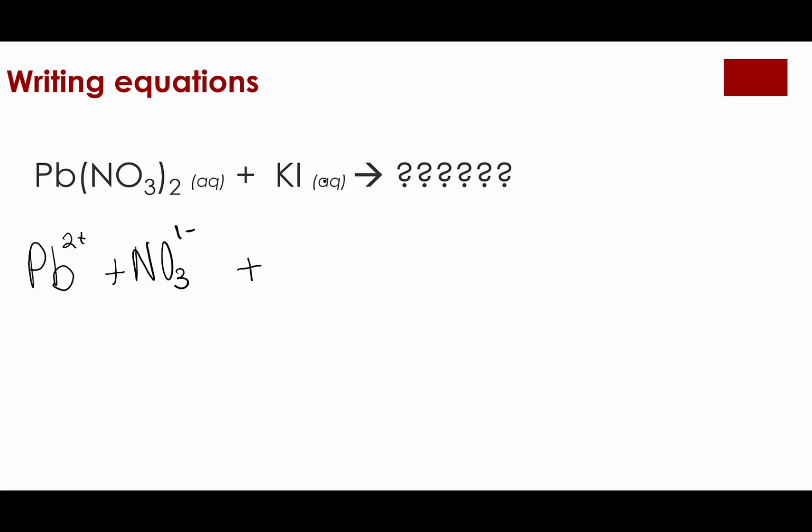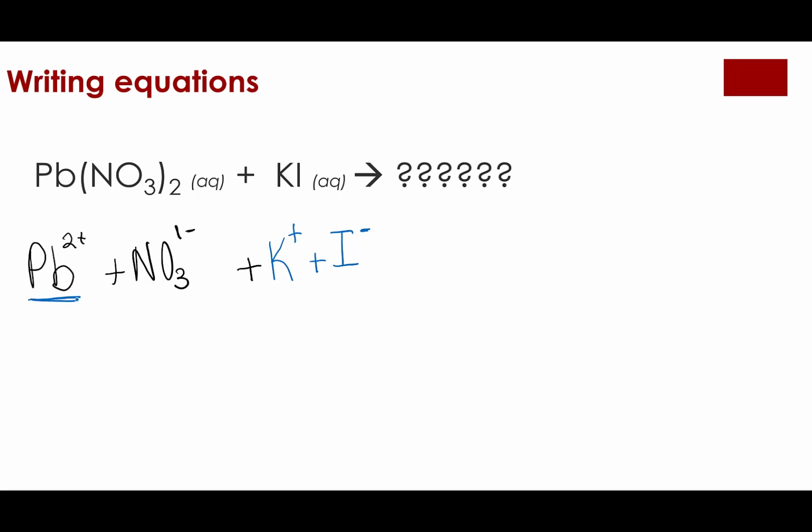And then we are also going to have potassium iodide floating around. So we're going to have potassium ions and iodide ions floating around. Okay. When magical chemistry happens, when we mix these two compounds together, what's going to happen is they are going to basically switch partners. Okay, this is where that double displacement or double replacement comes in.